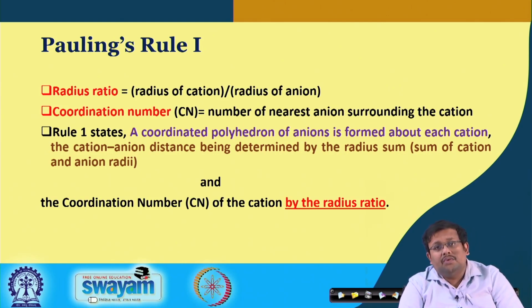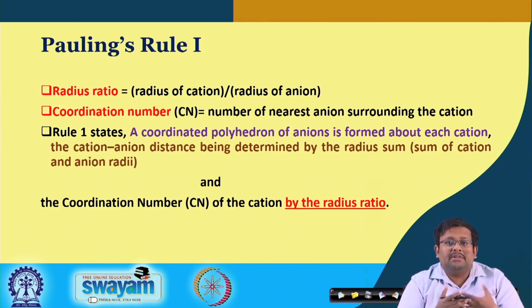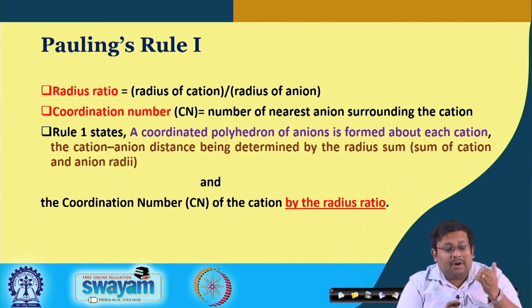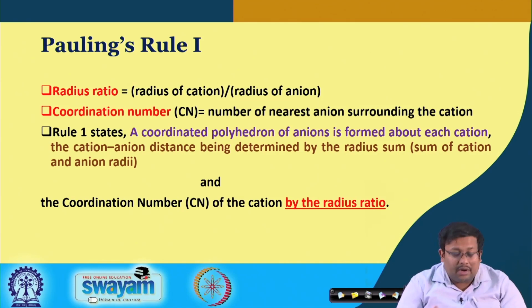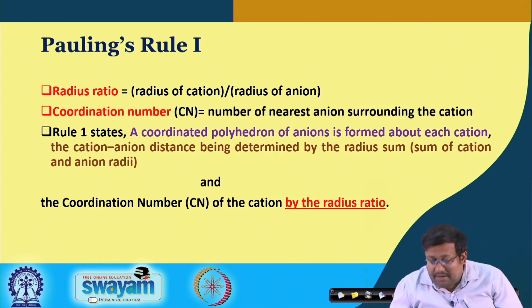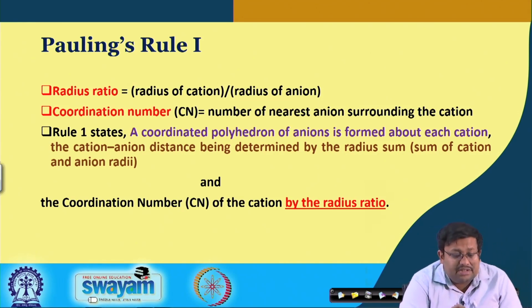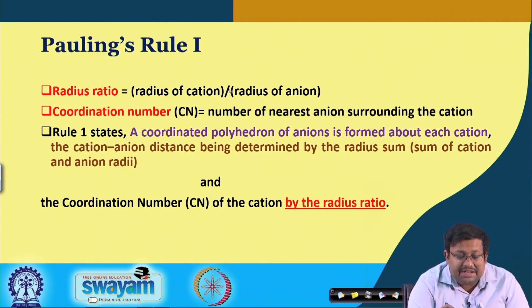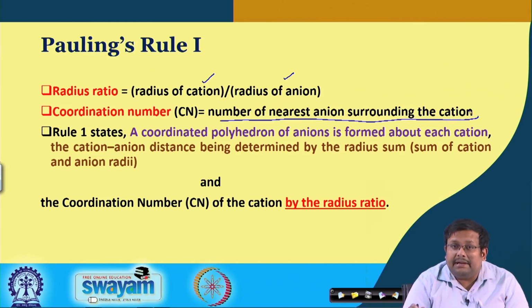Before learning about Pauling's rules, let us discuss two important things: one is radius ratio, another is coordination number. Radius ratio is basically the ratio of the radius of the cation to the radius of the anion, and coordination number is the number of nearest anions surrounding a particular cation.